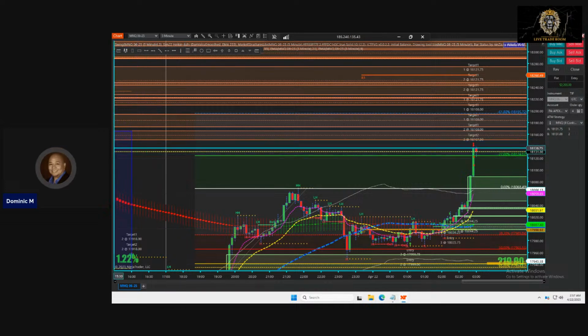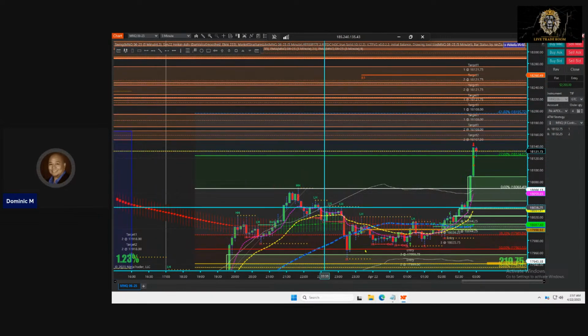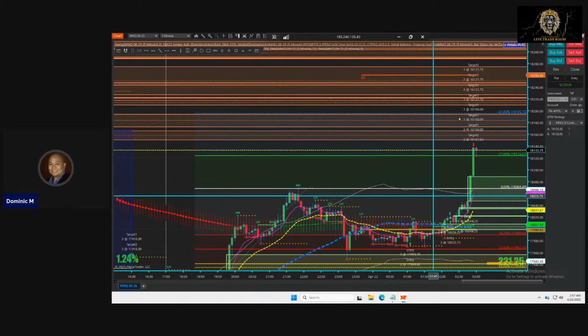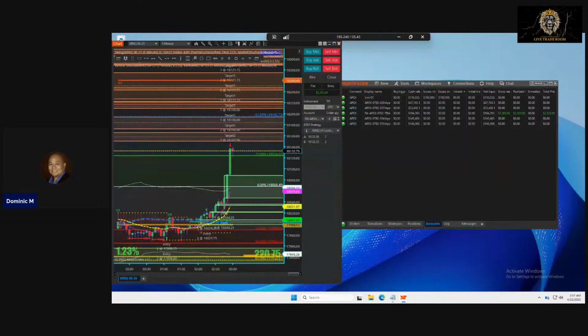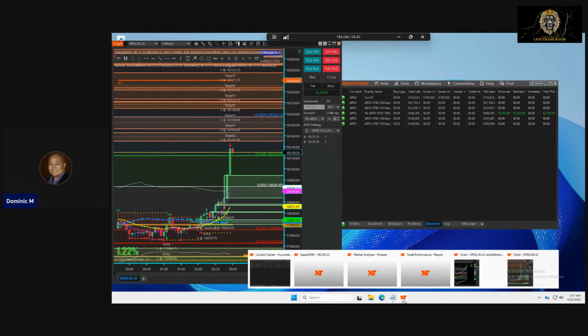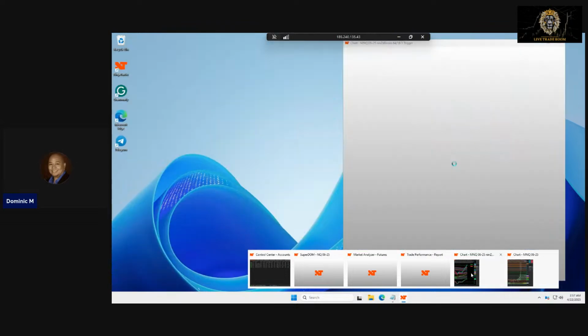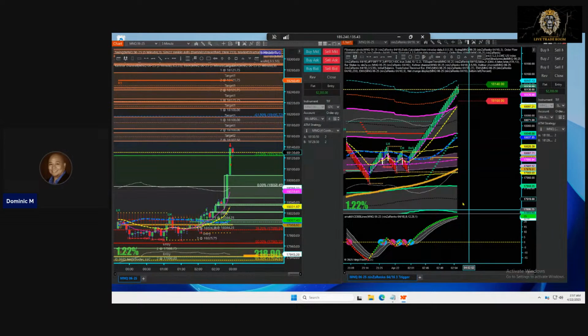So that's my target right there. Again, I look at the 5 minute and see where the fair value gaps are. I also make my entries on my Renko chart with the view app and everything. Everything has to coincide there.